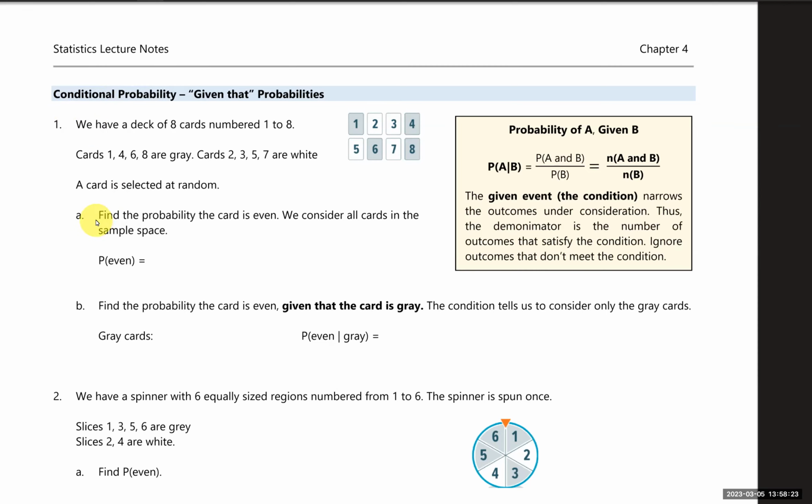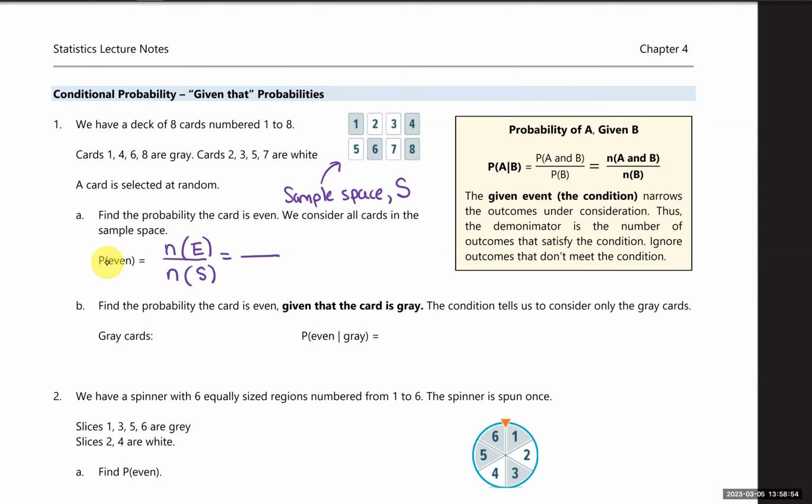So our sample space, all possible outcomes, I'm going to abbreviate with a capital S as we did when we started probability. So I'm going to write the formula here for classical probability. If we want to know the probability of even, we would take the number of cards that are even and divide by the number of items in our sample space.